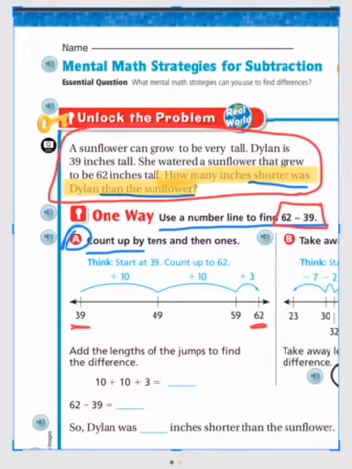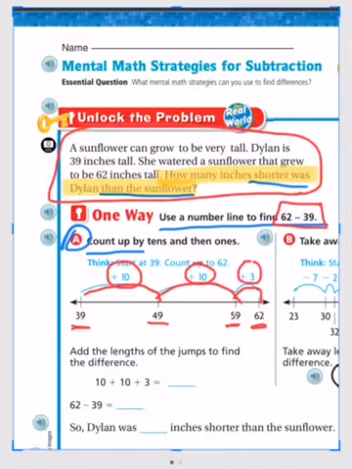So we have 39. We add 10, make a jump of 10. Plus 10 gets us to 49. Make another jump of 10, and that gets us to 59. And then from 59 to 62, we just jump 3. Okay? So then we can take those jumps we did, 10 and 10 and 3, add those up.